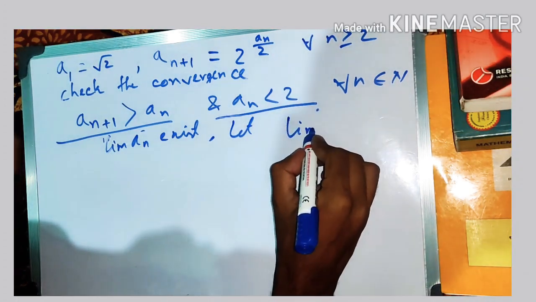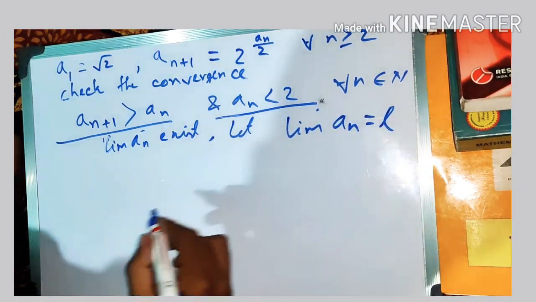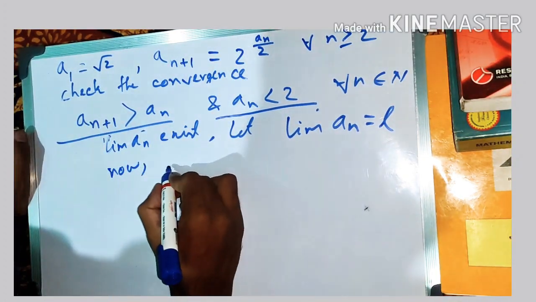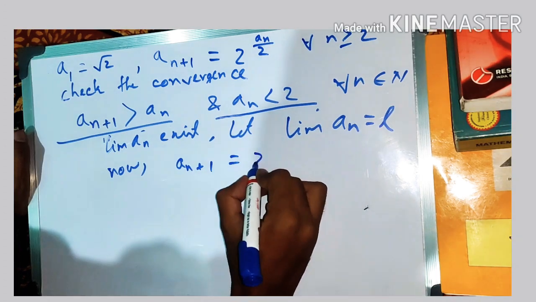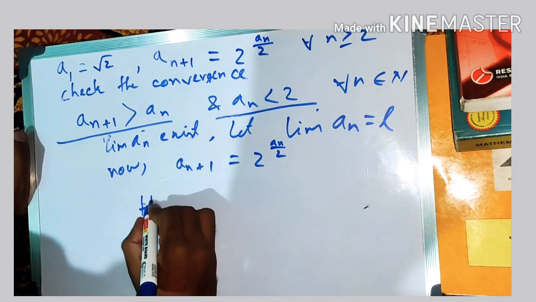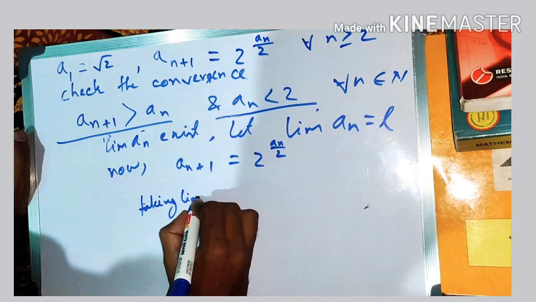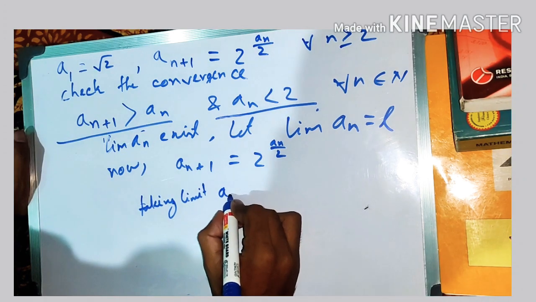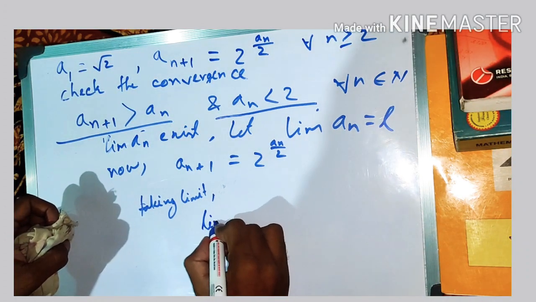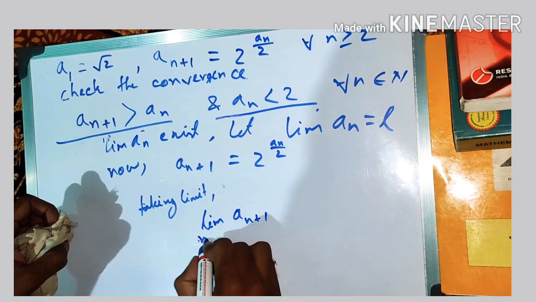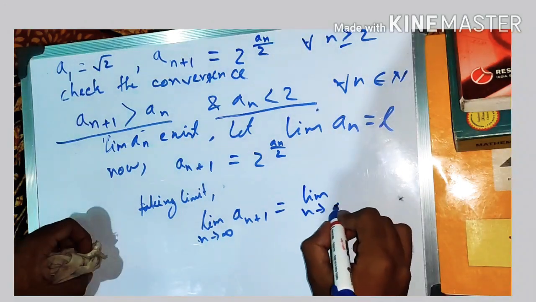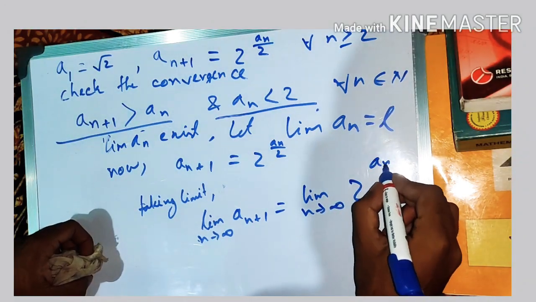Let the limit of an equal L. Now an plus 1 equals 2 to the power an by 2; taking the limit as n tends to infinity.